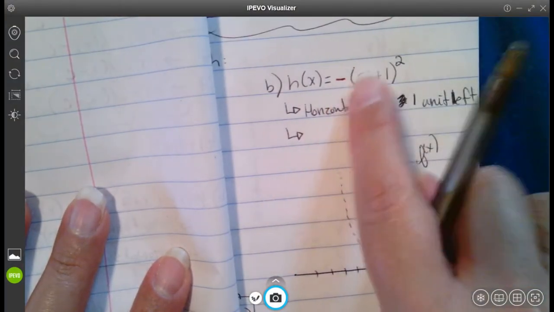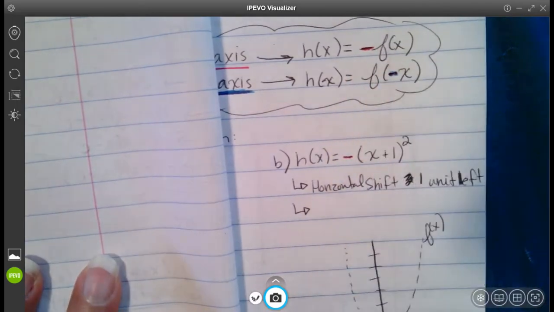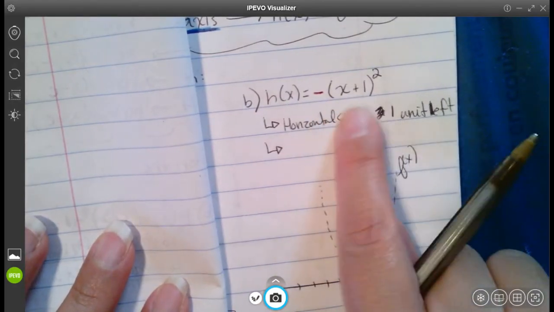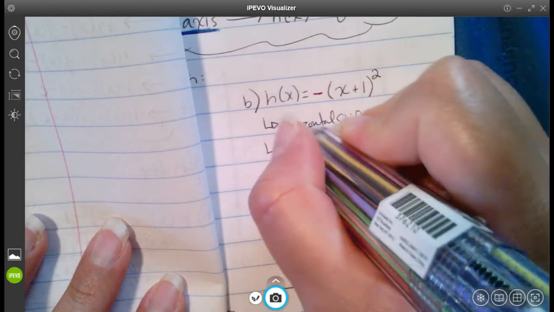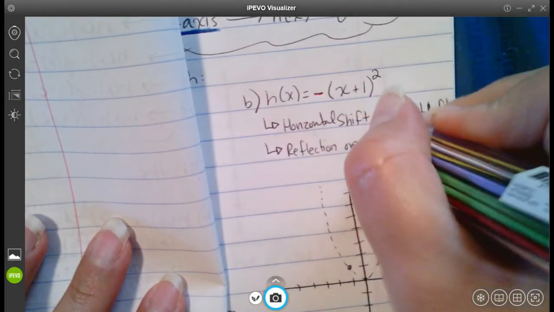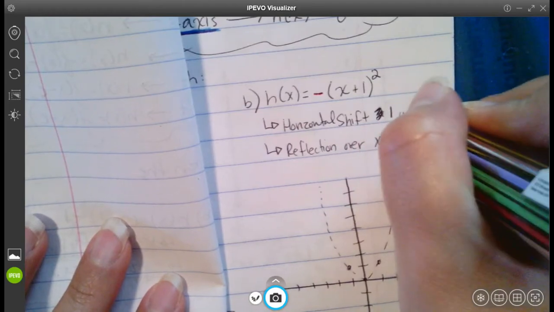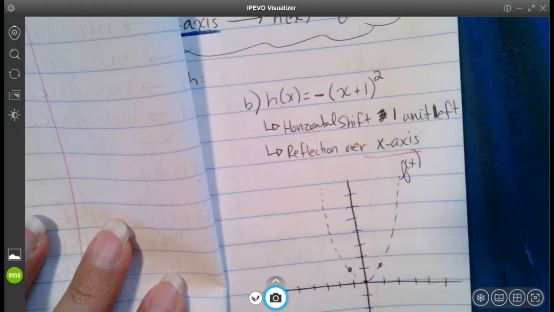This is the negative in front of the function. It'll usually be in front of the parentheses or absolute value or whatever this is. So for that one, I'm going to have reflection over x-axis.